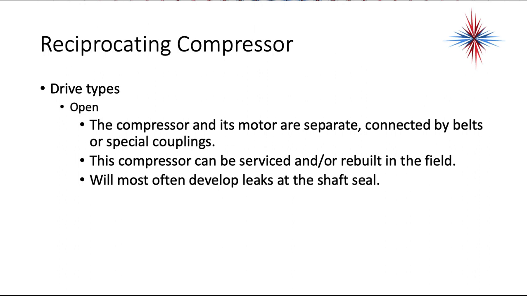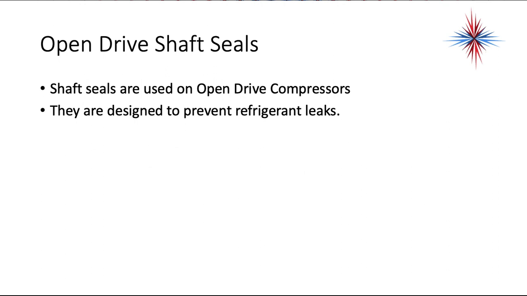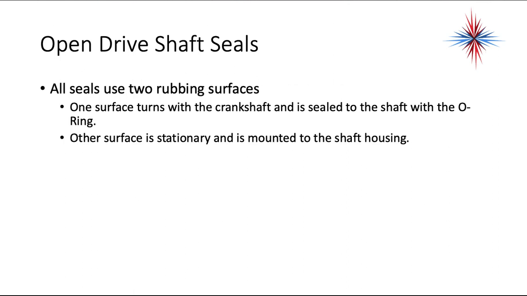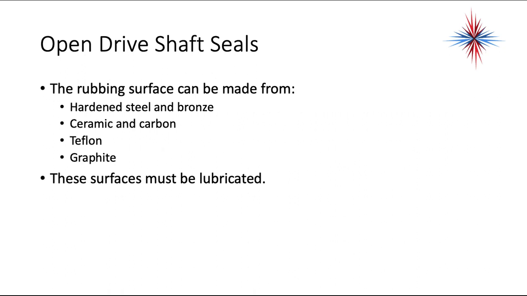Now, the one thing you have to remember about open drive compressors is they develop leaks at the shaft seal. The shaft seals are used on open drive compressors, and they're designed to prevent refrigerant leaks, but they do leak after a while. The seals use two rubbing surfaces. One surface turns with the crankshaft and is sealed to the shaft with an O-ring. The other is stationary and it's mounted to the shaft housing.